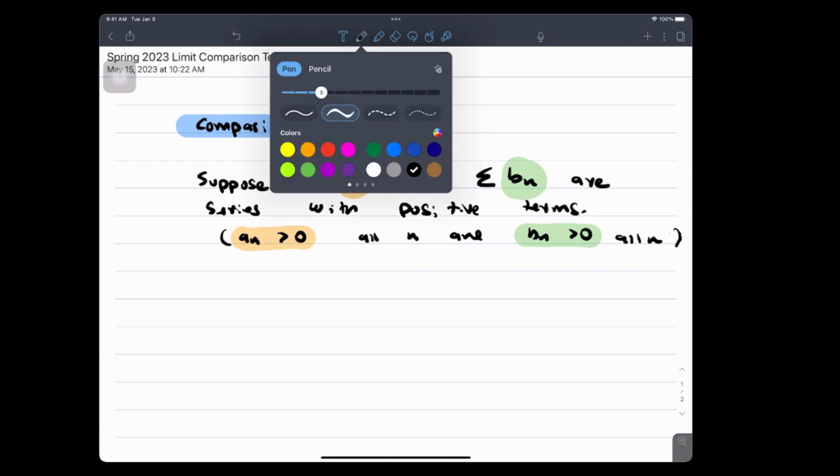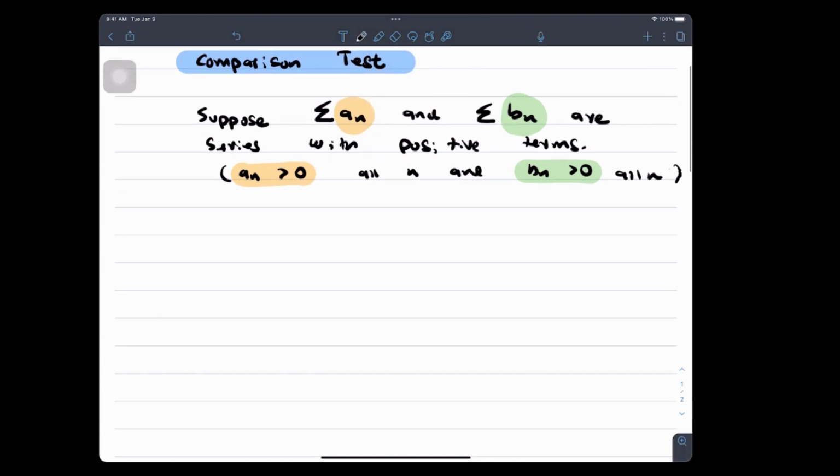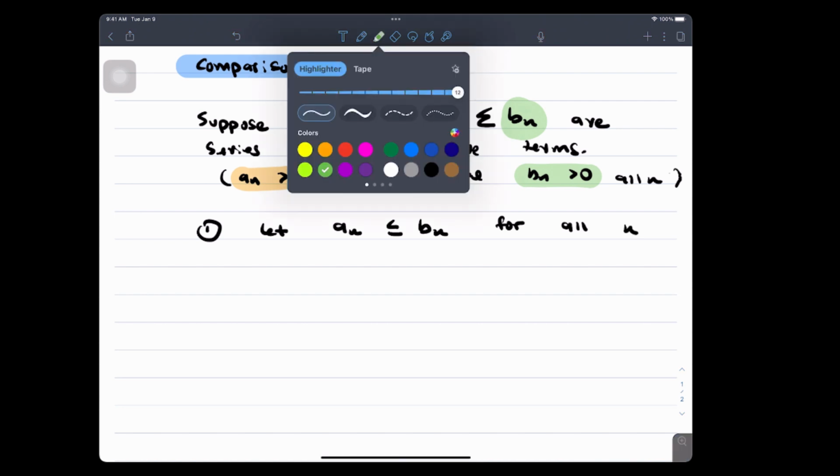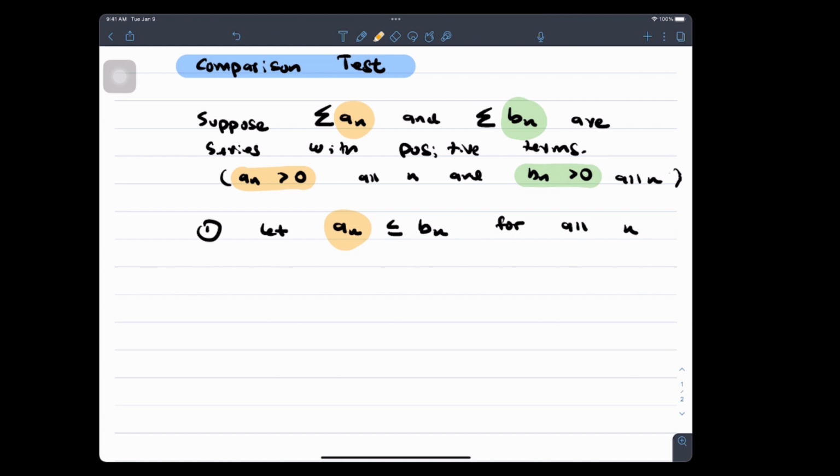Now, this is kind of a logical statement here. Number one, we're going to let a_n be less than or equal to b_n for all n. So the terms of my series a_n are smaller than the terms of b_n for every n.